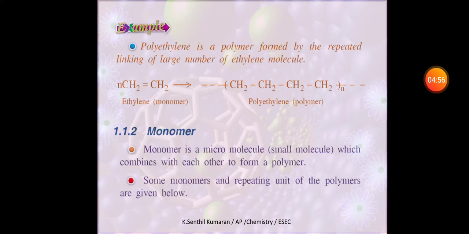Examples of monomers are ethylene and vinyl chloride. These are also some examples of monomers. Various examples of monomers and polymers we will see in the next slide.